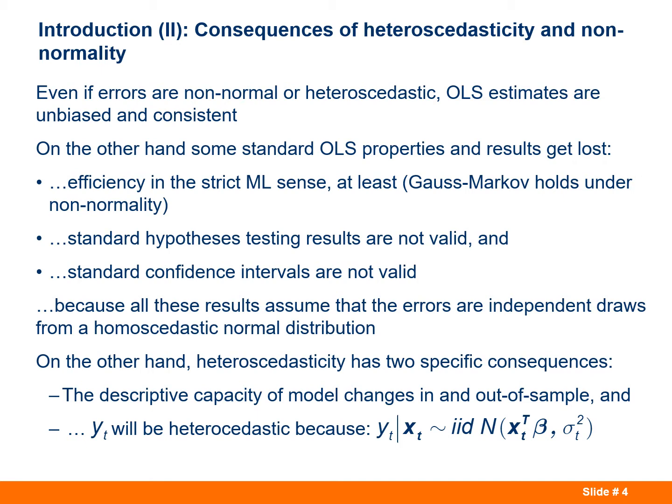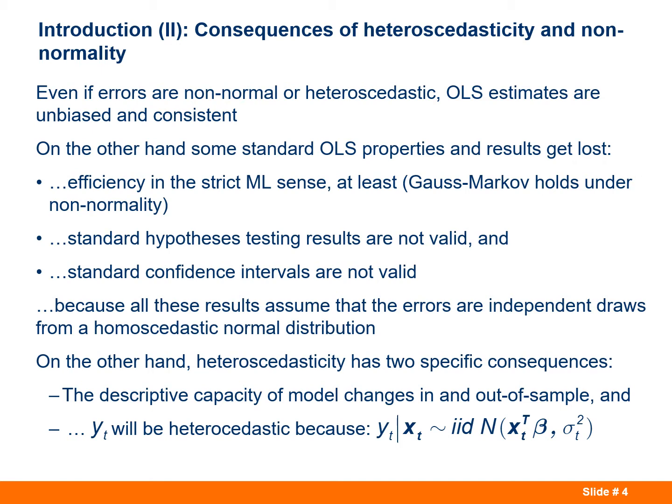The second property that you lose is the standard results for hypothesis testing. If you apply the standard OLS formulae to hypothesis testing, you will compute p-values for the null hypothesis that will be biased. They will be larger or smaller than the correct ones. And last, the standard confidence intervals that you can compute will not be valid.